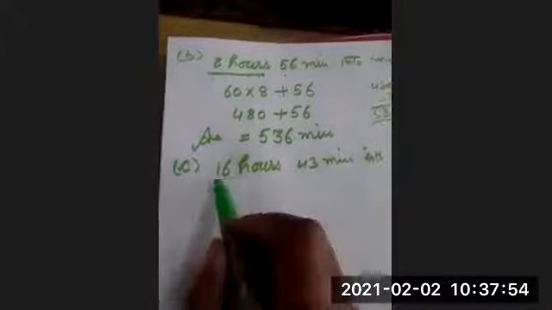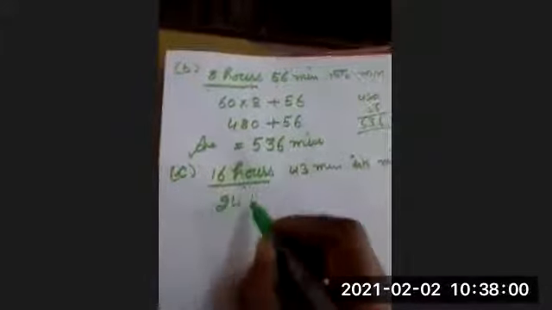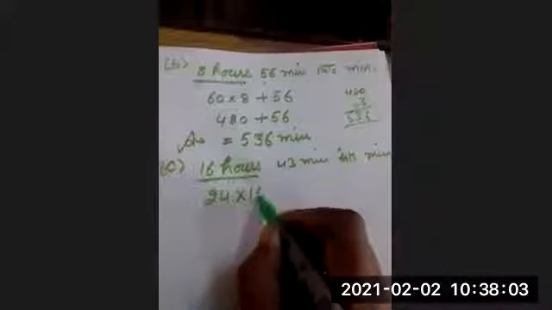First we'll convert 16 hours into minutes. So 24 multiply by 16 plus 43.